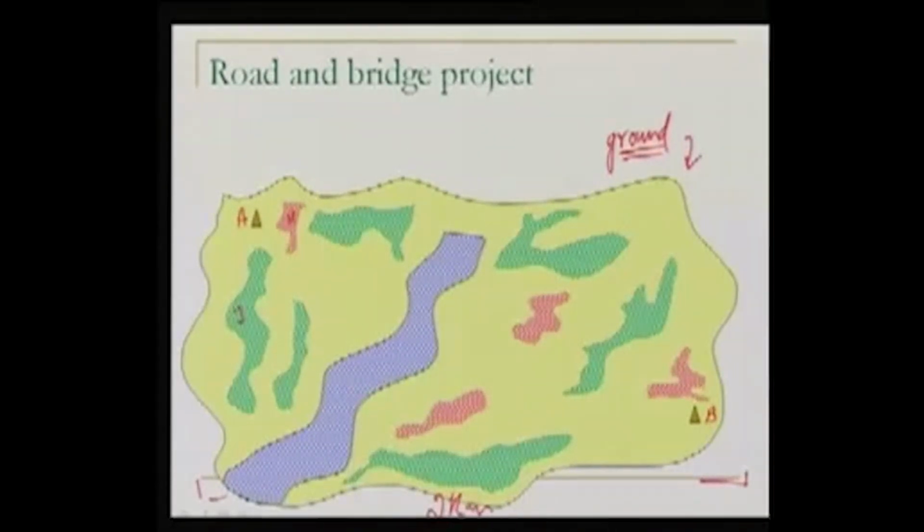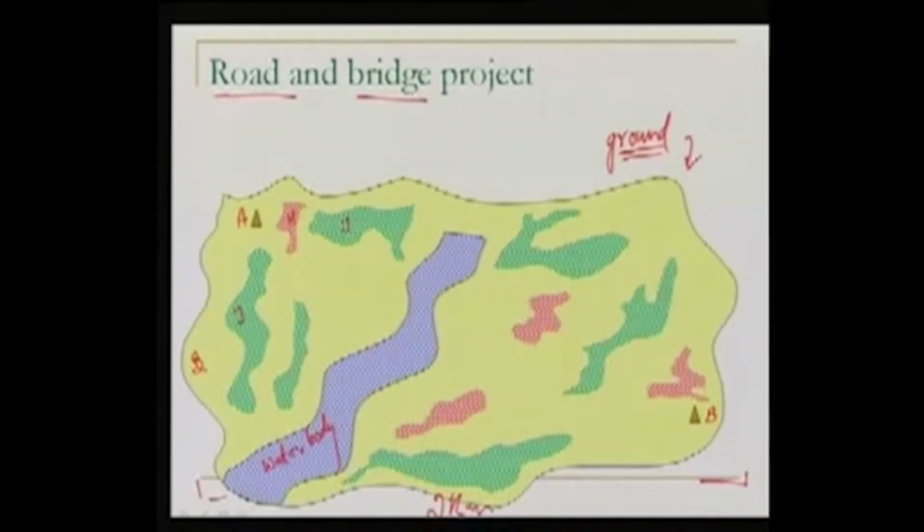So this red is the symbol for habitation, and these are the symbols for jungles, and the rest of the area is barren fields, while this particular feature here is a water body. Well, we want to have a road and a bridge which will join these 2 places.